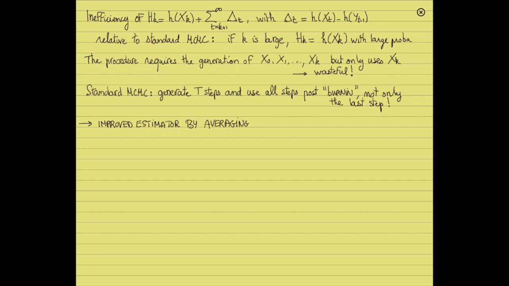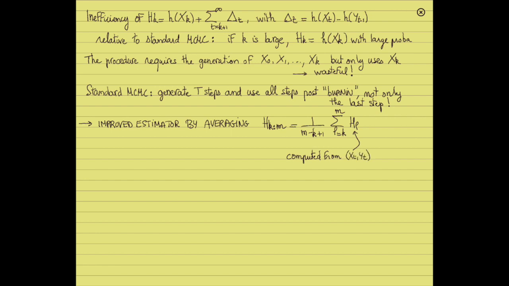And so the improved estimator, the next estimator, is obtained by averaging H_l for different values of l. It's written H_{k:m}, and it's simply defined as the average of H_l for l going from k to m. And just to be clear, we consider averaging those estimates constructed from the same coupled chain, from the same trajectories.